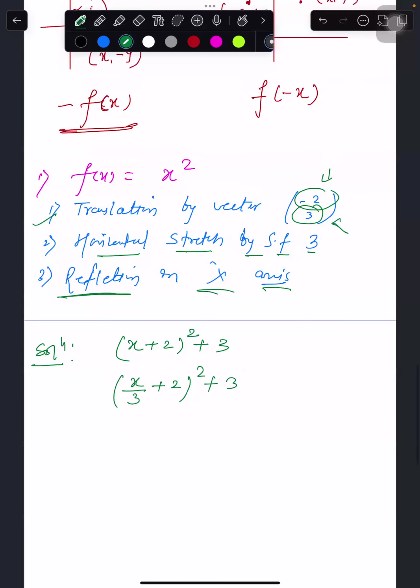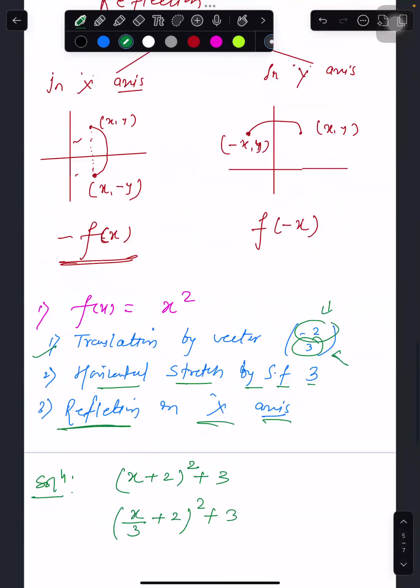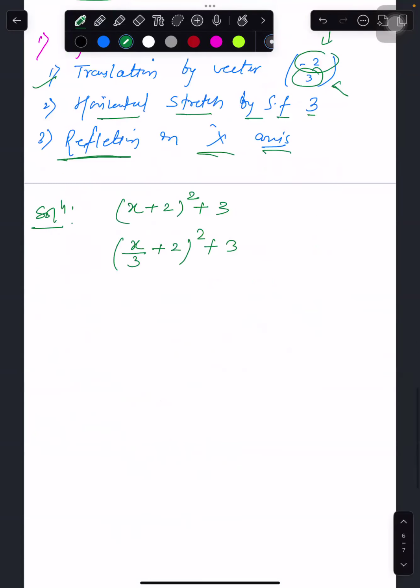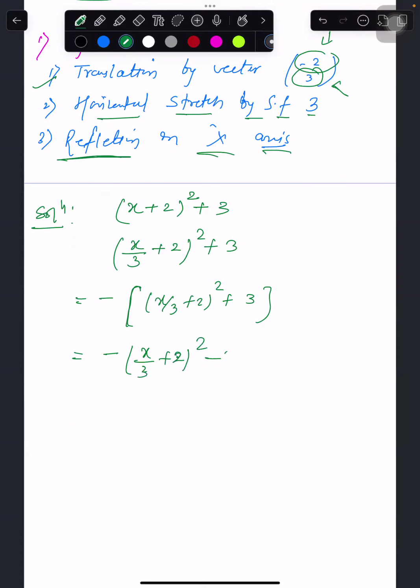What happens in reflection in x-axis? The y coordinate gets negated. The whole function gets negated. So this will become minus of x by 3 plus 2 the whole square plus 3. Then if you open it, you'll get minus of x by 3 plus 2 the whole square, minus 3. So this will be my new function. Is it clear?